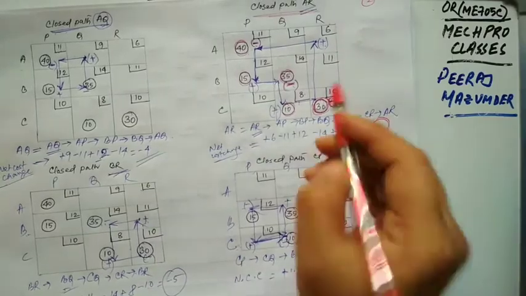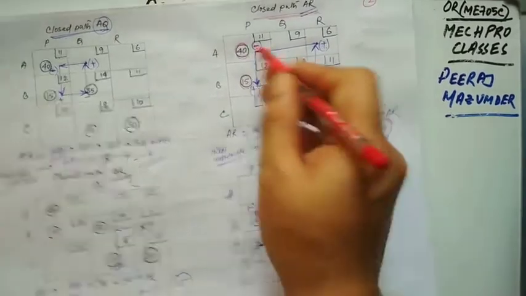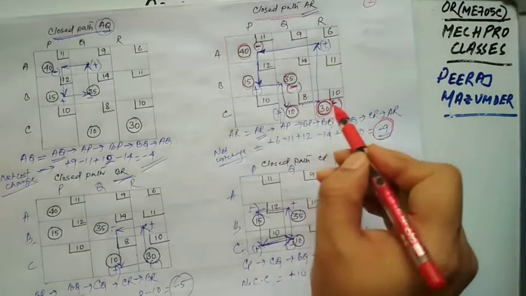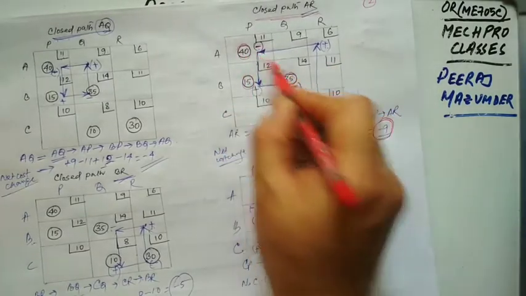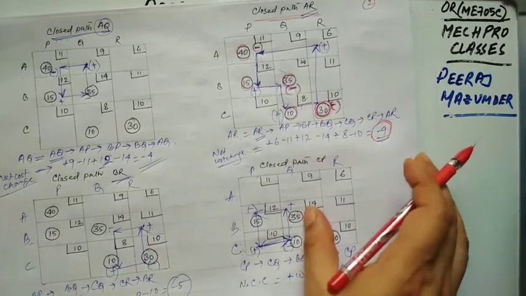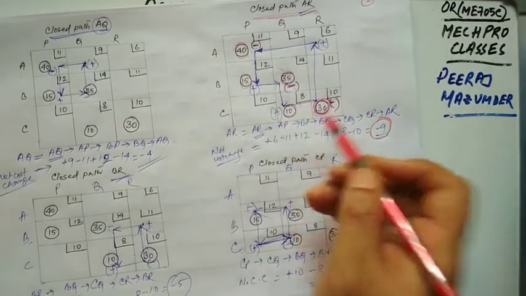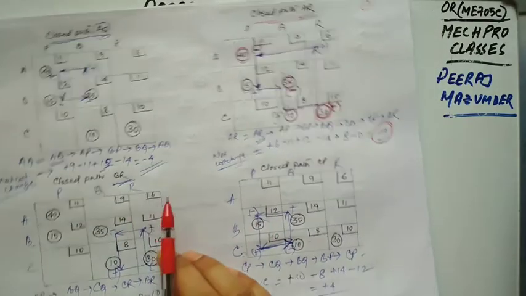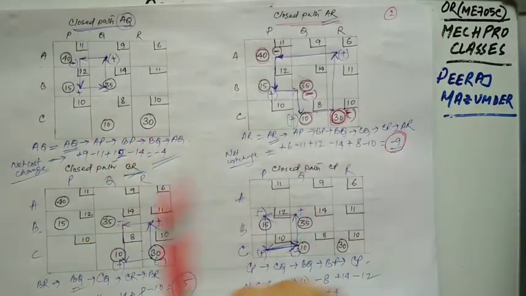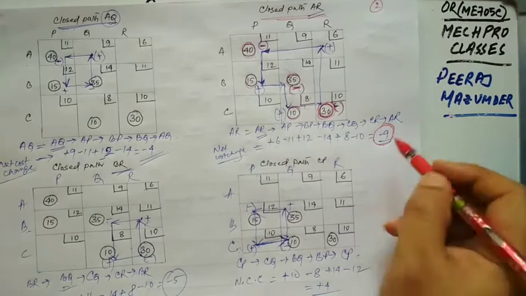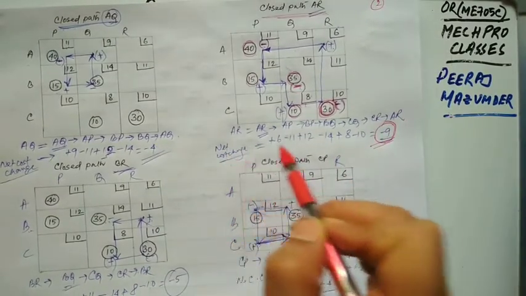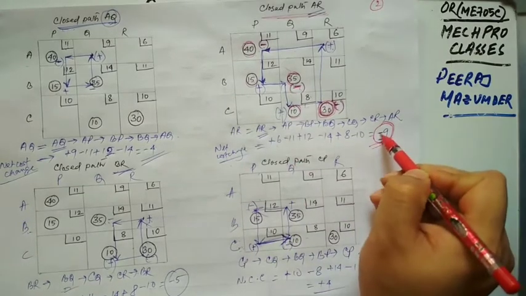Now after selecting the negative cells, you have to choose the minimum of the negative values. I think I have to repeat once more for your clarification. After calculating the net cost change of all the water squares, you have to take the water square which has the maximum net cost change, meaning negative.